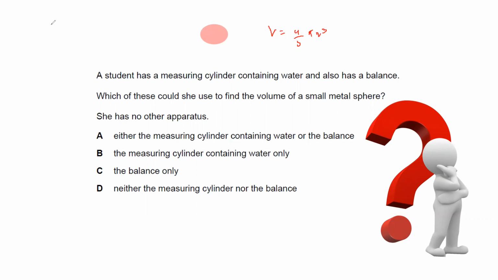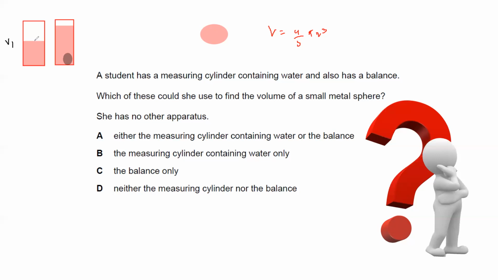Then what else can we use? We can use a displacement method. What happens in a displacement method? We take a measuring cylinder and fill it with liquid. And we will add the sphere. When we add this sphere, the volume of the liquid will change.